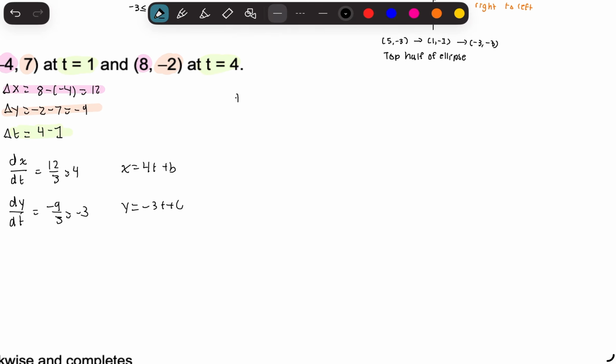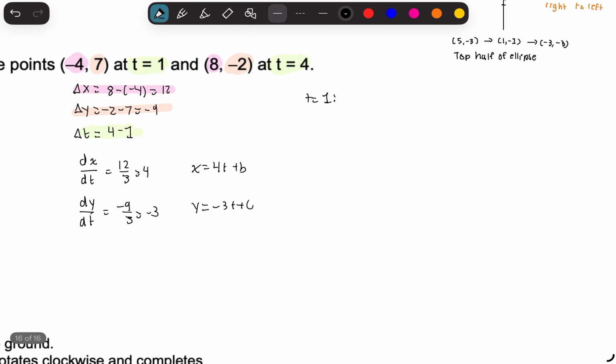Now if we use t is equal to 1, we know that the particle at t is equal to 1 is negative 4, 7, given in the problem, so we can sub this in to get x and y equations. 4 times 1 plus b, negative 4 is equal to 4 plus b, b is equal to negative 8.